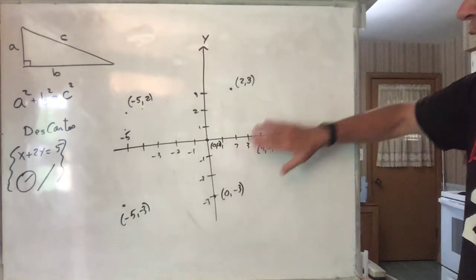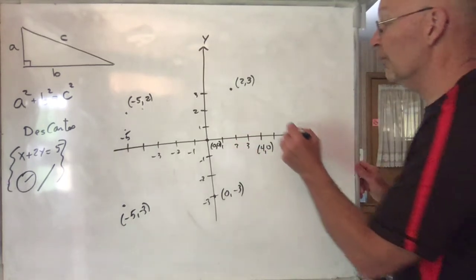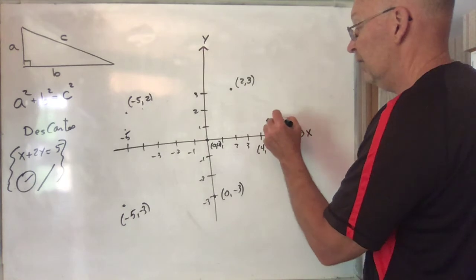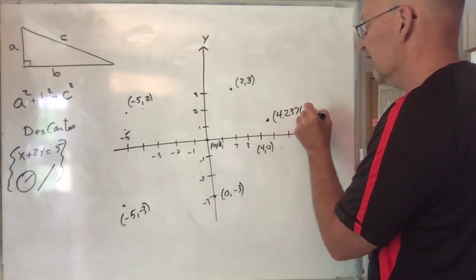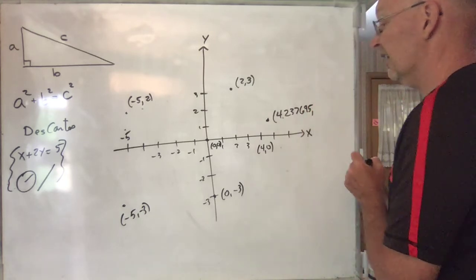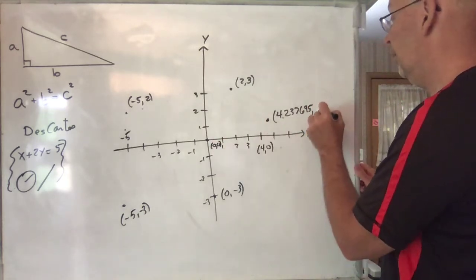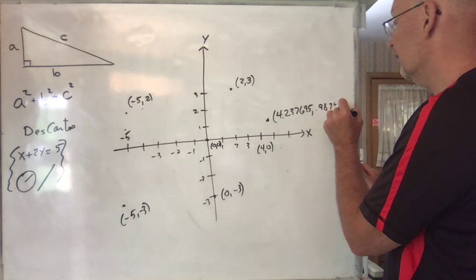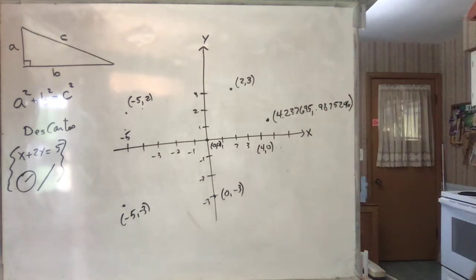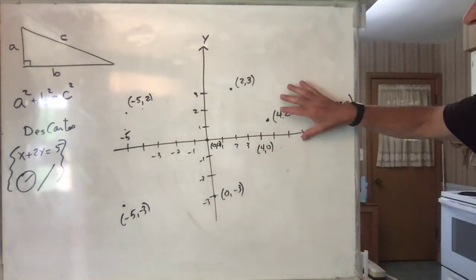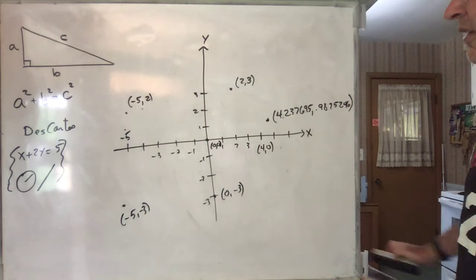And so every point, now those are the easy ones. If I choose a point like this, it might be 4.023765, comma 0.9875246, something like that. But the point is everything on the plane has its own address, a unique address that gives exactly what that point is.